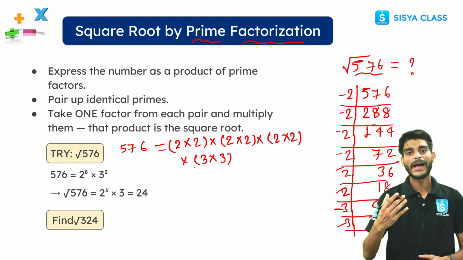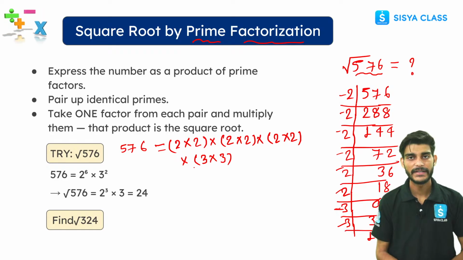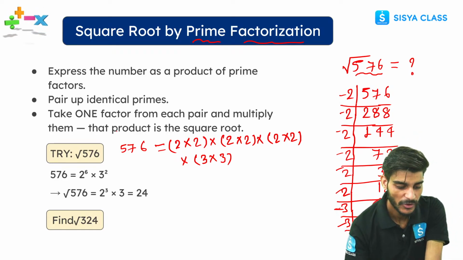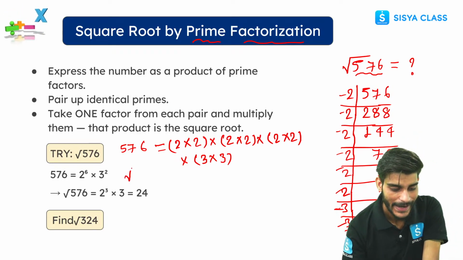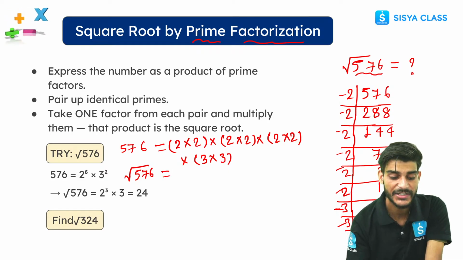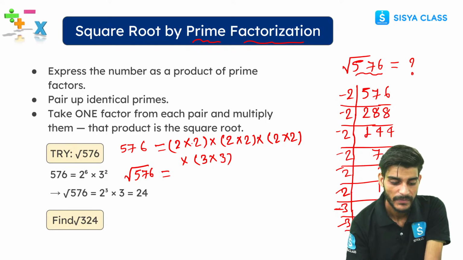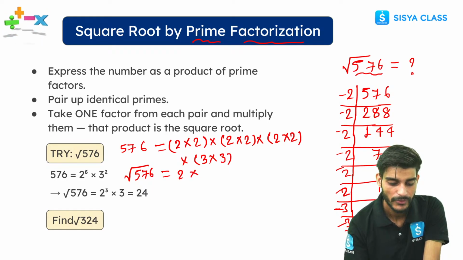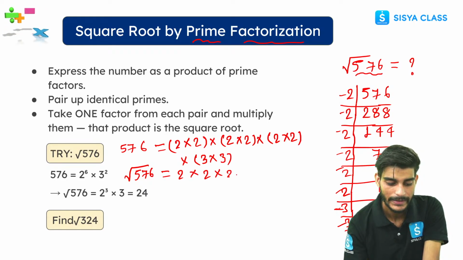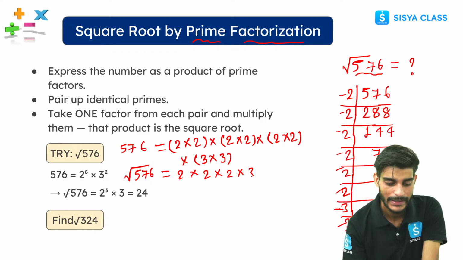So if you have to find the square root of 576, what will I do? See the process. To find its square root, I'll take one number from each pair. So from the first pair I'll take 2, from the second pair one number, from the third pair one number, and from the fourth pair one number.